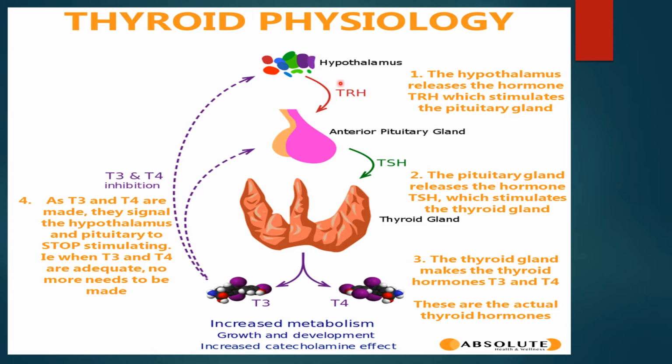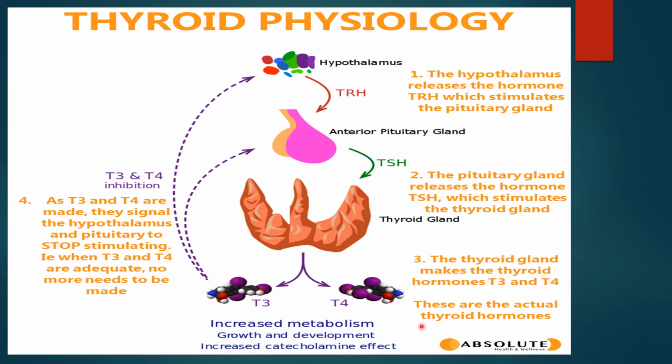The hypothalamus produces a hormone which is named thyrotropin releasing hormone. This TRH stimulates the anterior pituitary gland, which in turn releases thyroid stimulating hormone, and this thyroid stimulating hormone has a receptor on the thyroid gland which, when bound, causes the thyroid gland to make T3 and T4 hormones.